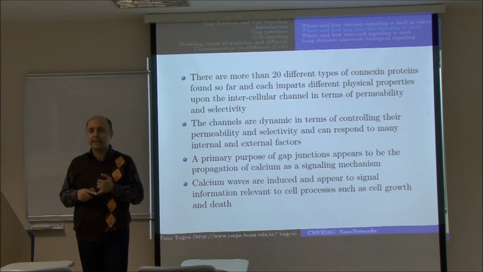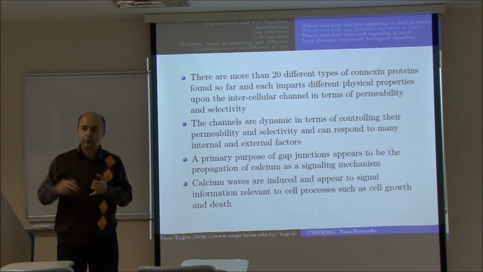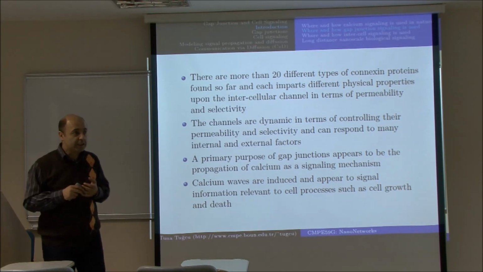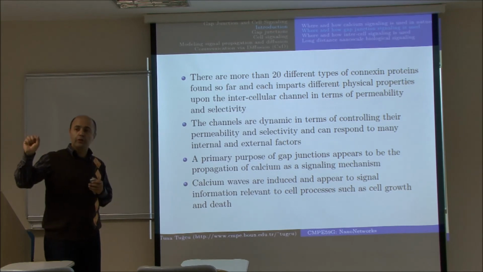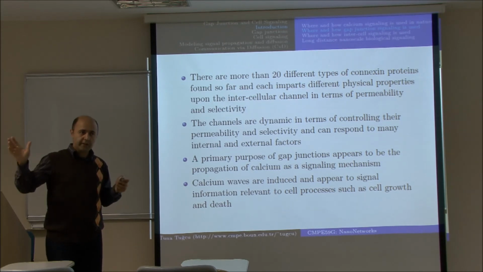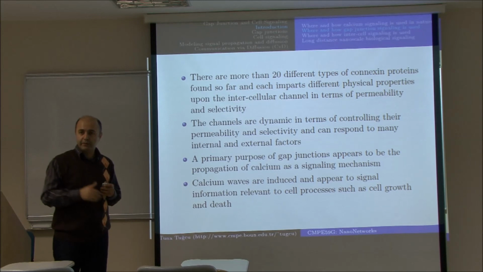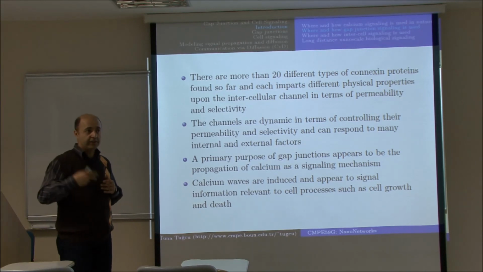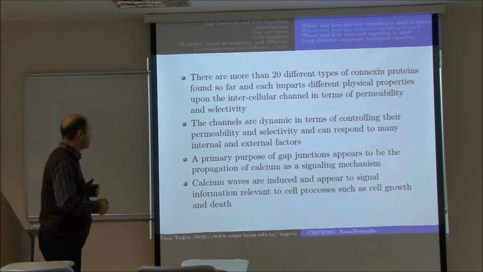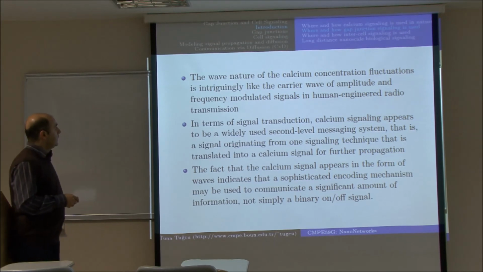So once you form one, it's there for several hours. But you can open or close it in very short durations, to micro or milliseconds. Okay? So you create it, it's there for several hours, but you can open or close whenever you wish in a very fast manner. This allows very high data rates for us.